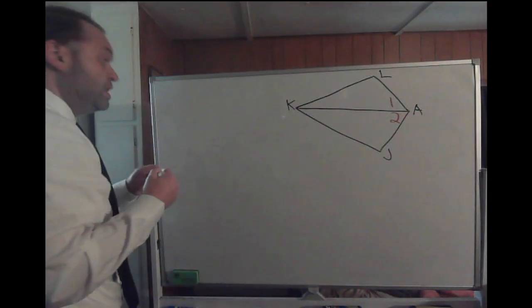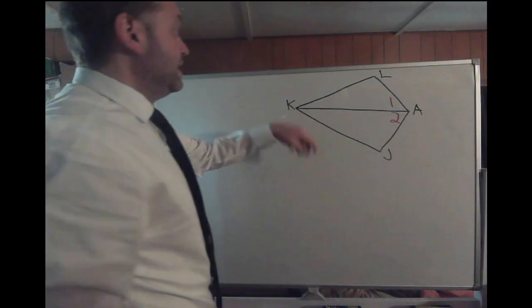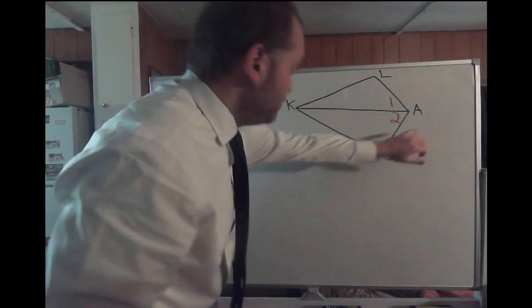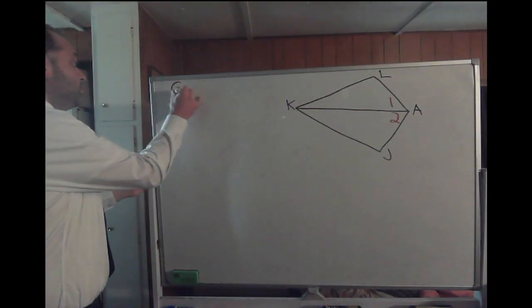Angles 1 and 2 are right here. Okay. So we have 2 more triangles. We have triangles KLA, and then we have KJA side by side. Let's see what we're given this time.